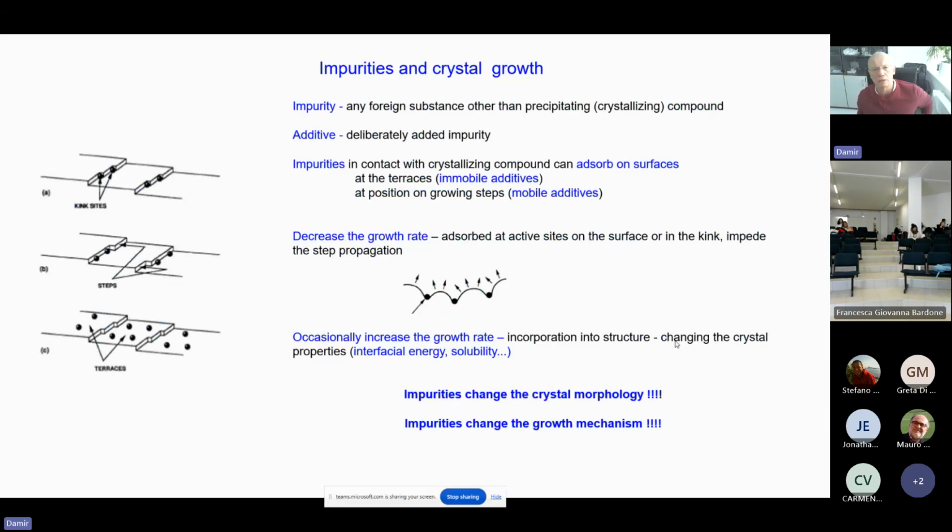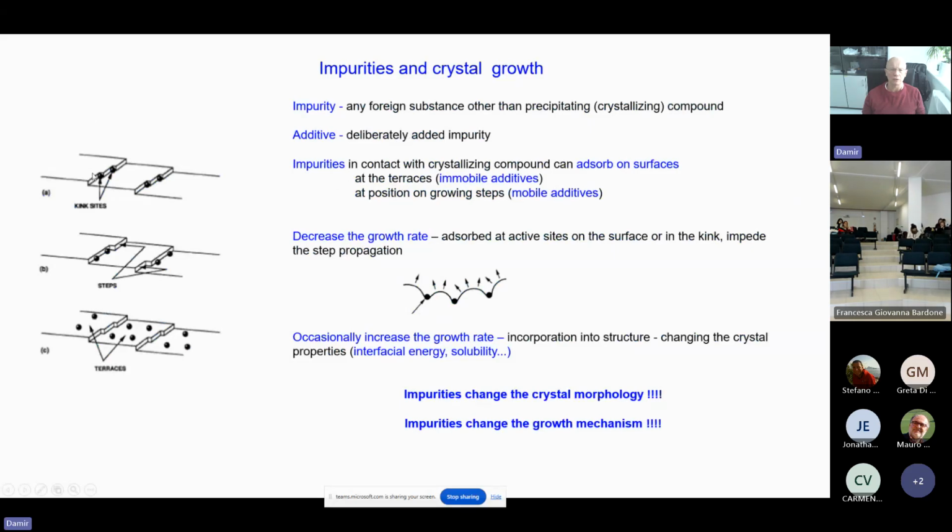I should also mention impurities and their role in crystal growth. Impurities are defined as foreign substances, other than precipitating ions, that are present in the system. On the other hand, additives are also impurities by this definition, but they are deliberately added to the system.